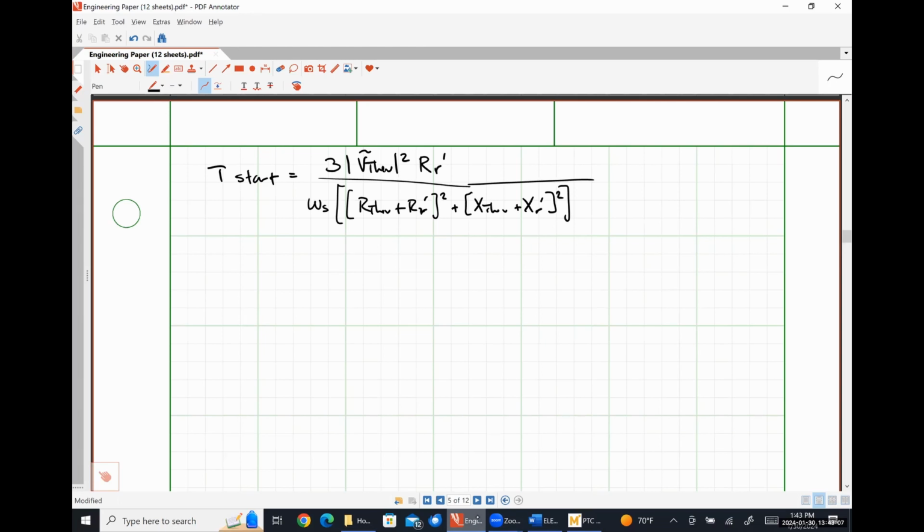So going back to my notes here. Our slip for maximum torque is given by the rotor resistance prime over the square root of R thev squared plus X thev plus XR prime squared.